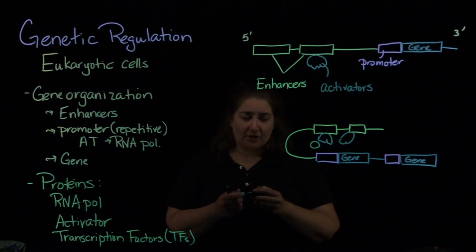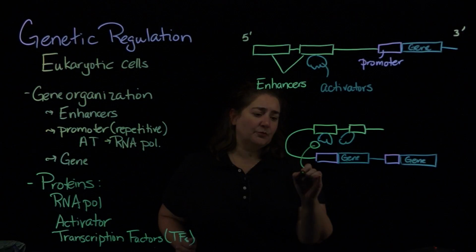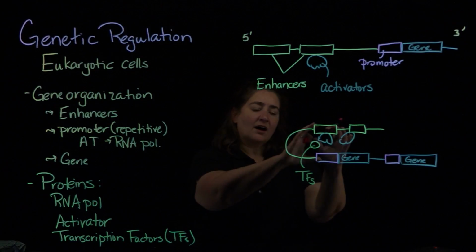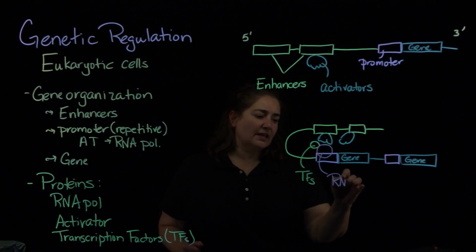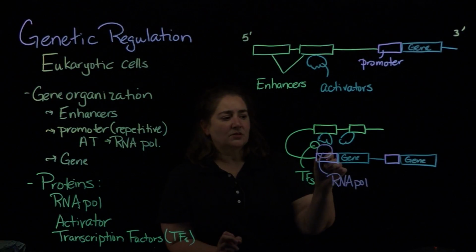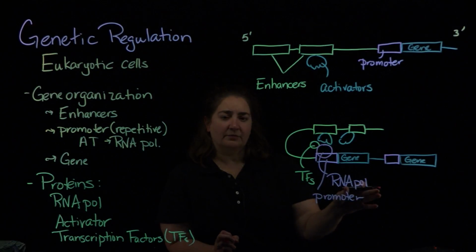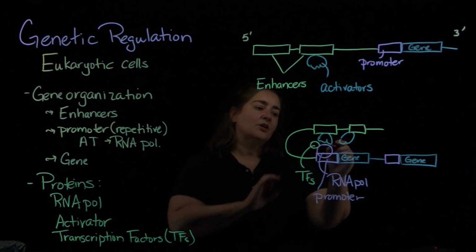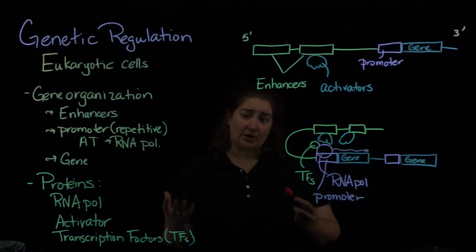The activators are going to bind, they're going to help bend the DNA, and it's going to help recruit those transcription factors in. And that complex of proteins sitting there is going to help the RNA polymerase, not necessarily know where to bind, because the promoter region is that sequence that tells the RNA polymerase where to bind, but it kind of keeps everything nice and tight together so that the RNA polymerase can transcribe the gene it's supposed to transcribe.